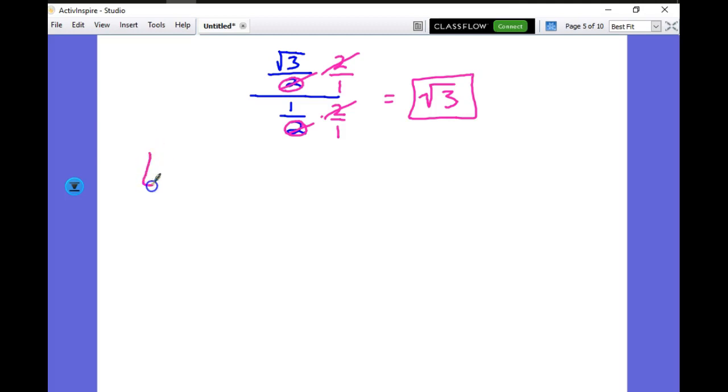Let's do tangent of 30 degrees. Now I'm going to let you guys go ahead and walk me through this one a little bit. Ready? So my first question is going to go to Alyssa. Alyssa, tangent is what over what? Good.